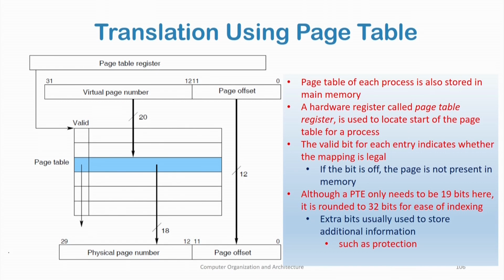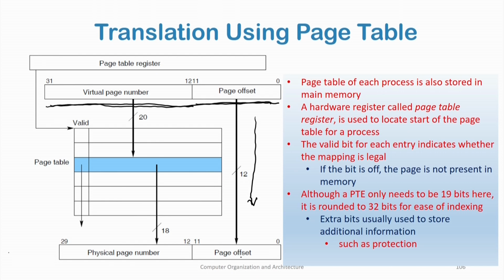So, we had said that this is the virtual address that the CPU generates. This virtual address is divided into two parts. One is the page offset, the other is the virtual page number. The page offset is translated as it is, without any modification, to the physical page offset.